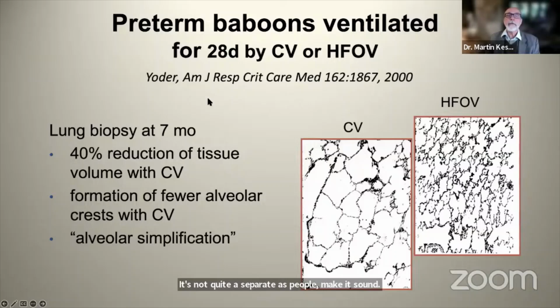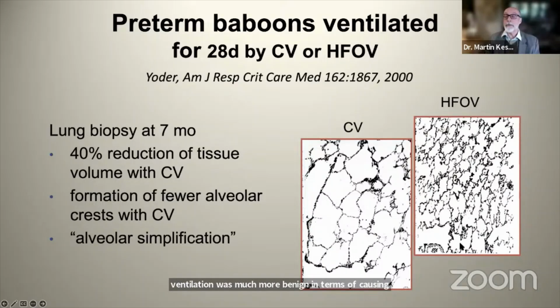So we have very good data over many years of preclinical work that taught us how to use oscillatory ventilation. There was a very nice study published in the year 2000 by Brad Yoder that demonstrated long-term oscillatory ventilation was much more benign in terms of causing lung injury than conventional ventilation.